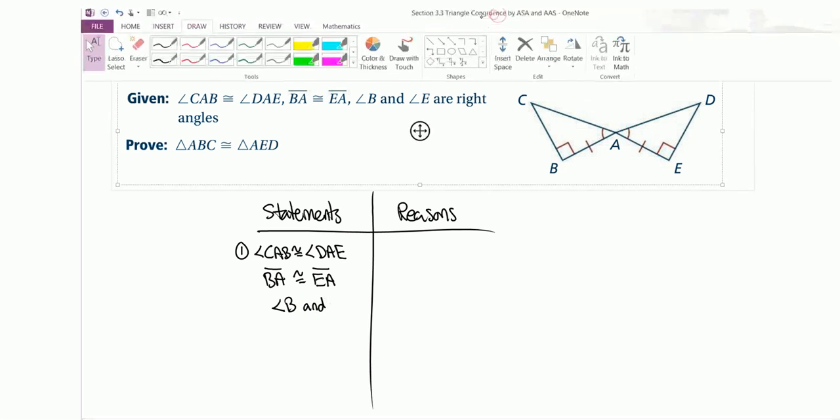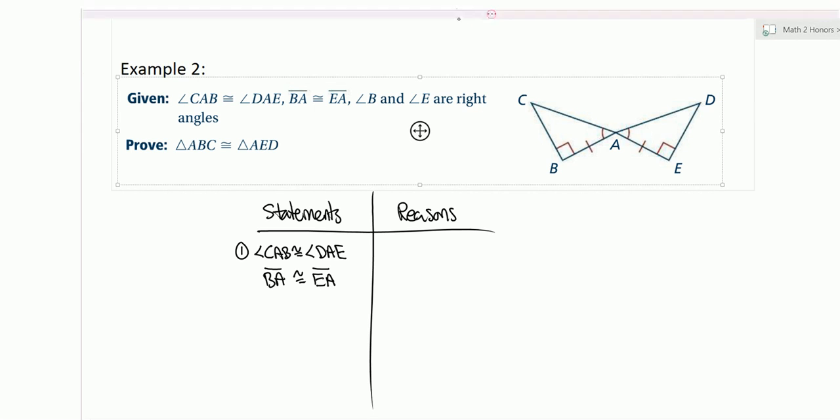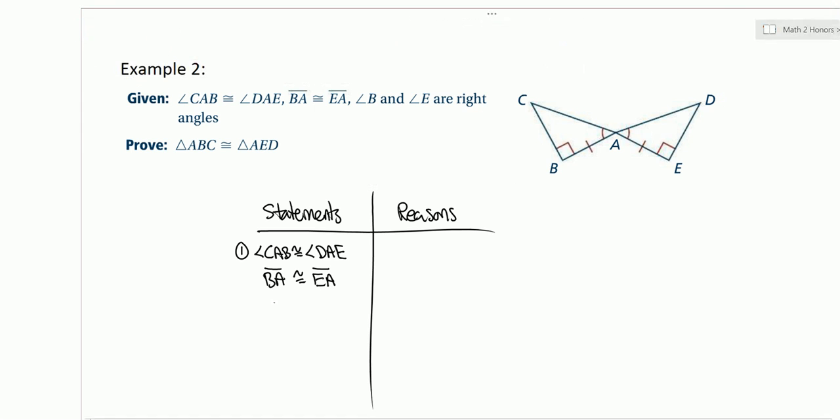So actually, I'm going to put the same information but write it a little differently. I'm going to say the measure of angle B is equal to the measure of angle E, which is 90 degrees. That means they're both right angles. And the reason is this is all given to us.